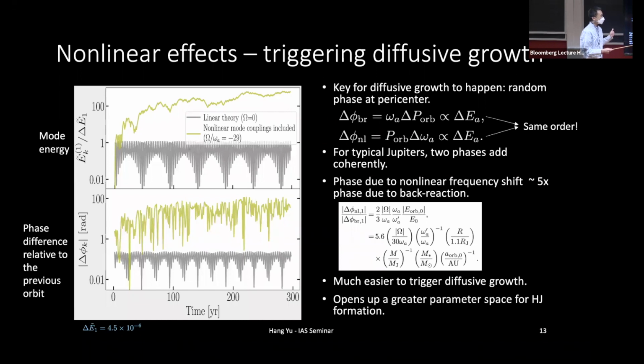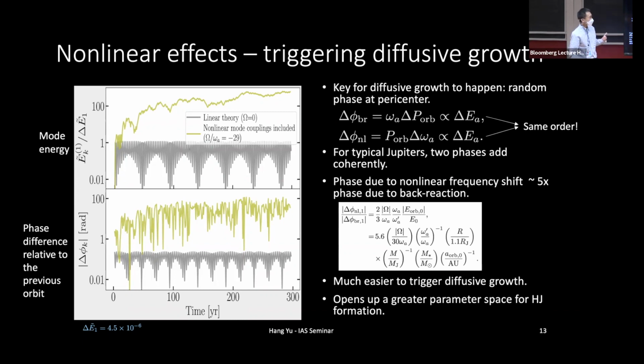With nonlinear interactions, it is now the mode frequency being modified, because mode frequency is a function of energy, and because energy is changing from orbit to orbit, the nonlinear interaction can also produce a random phase. It therefore opens up a new pathway for diffusive tide to happen.